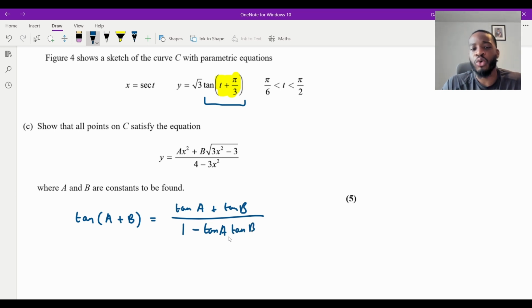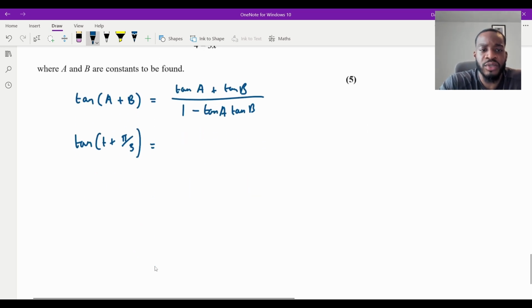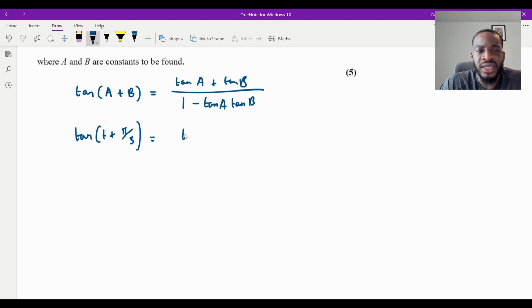Even if you don't know what to do here, and this question looks crazy, just do these things. If you know your identities, try it, see what happens. If I apply that, it'll be tan of t plus pi over 3, and that will equal tan t plus tan of pi over 3, over 1 minus tan t tan of pi over 3.